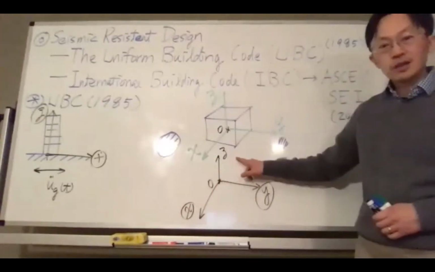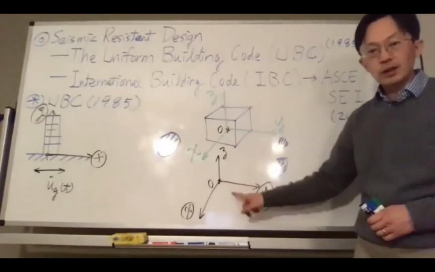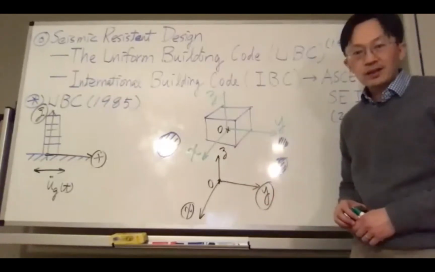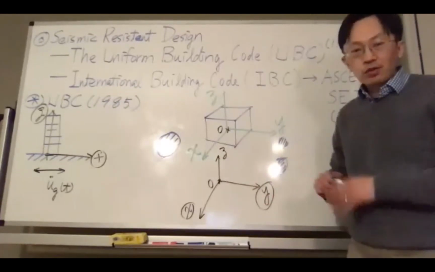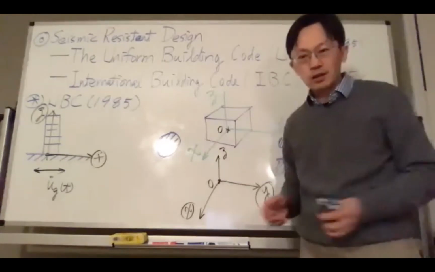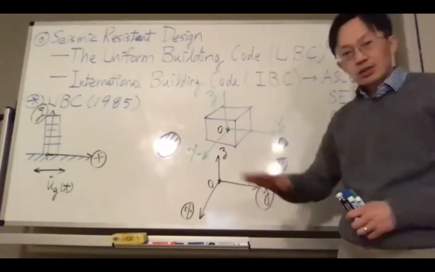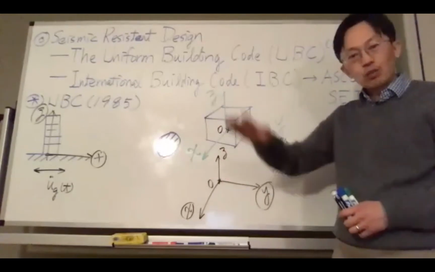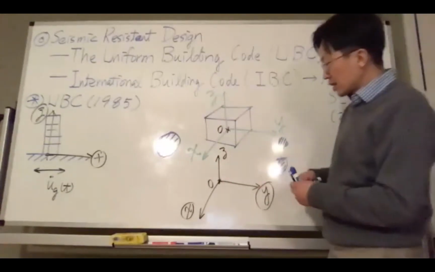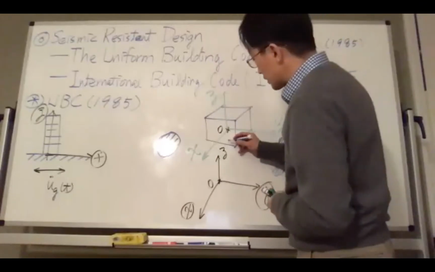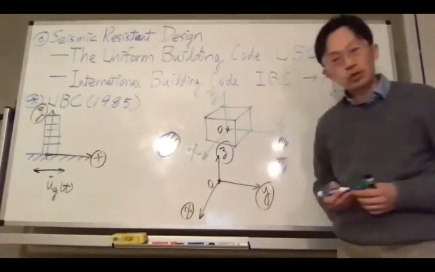What about the, can ground move vertically? And the answer, of course, is yes, right? And for those of you who had experienced earthquakes in the past, you notice that the earthquake doesn't just move horizontally, sometimes it will move vertically. So that means it is possible that the displacement can also be in the vertical direction.